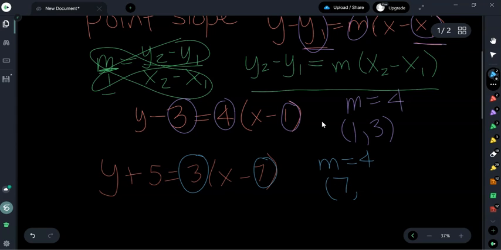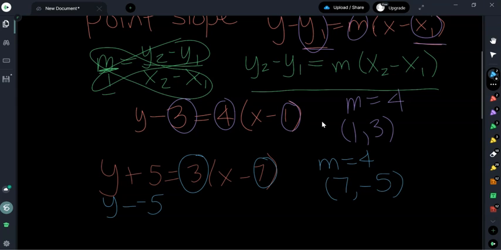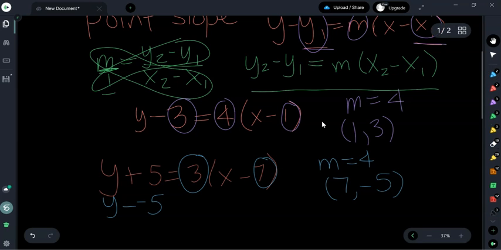But look here, I have positive 5. But the original equation subtracts y1. This is the same thing as subtracting negative 5. So remember, we go opposite, so this passes through the point 7, negative 5. So that's how you read point slope.